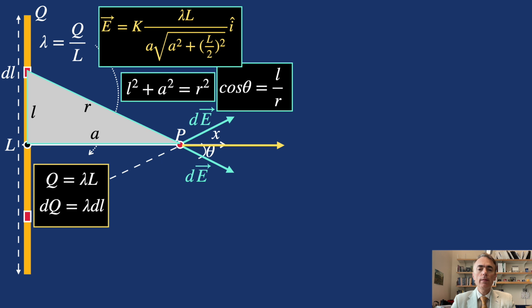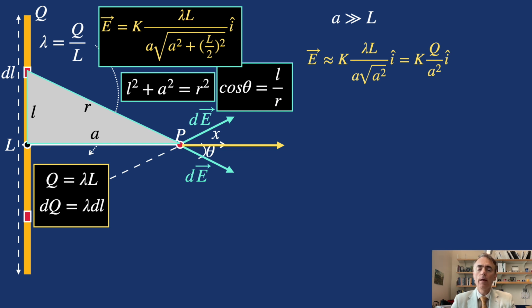Now, if we look at this result, we see that for very large distances, I can approximate this expression as, which is Coulomb's law for a point charge. Well, this makes sense, doesn't it? As far away you do not distinguish if this is a line of charge or just a point charge.